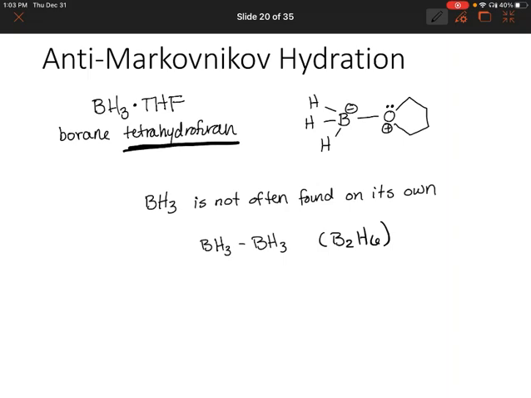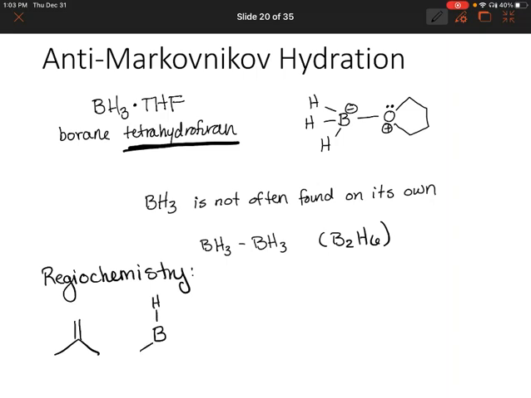All right, now let's show what happens in hydroboration oxidation so that we can see why we get the anti-Markovnikov addition. All right, so let's say that we're starting with this alkene here, and we are able to use borane from our borane tetrahydrofuran.